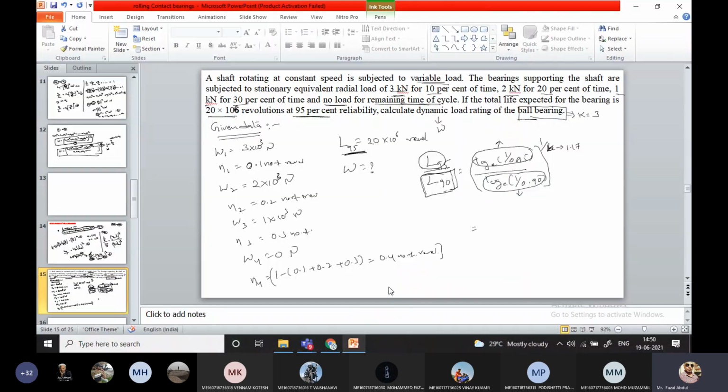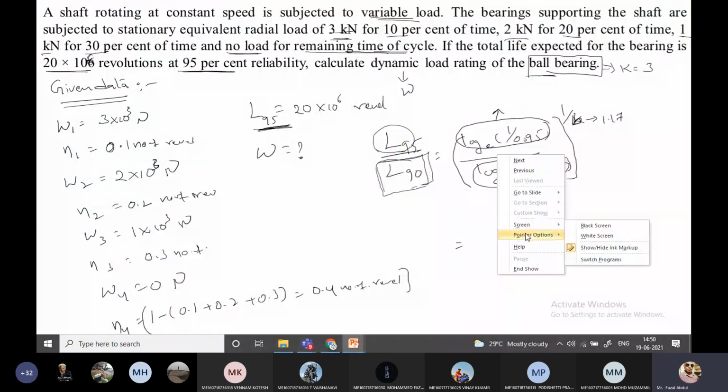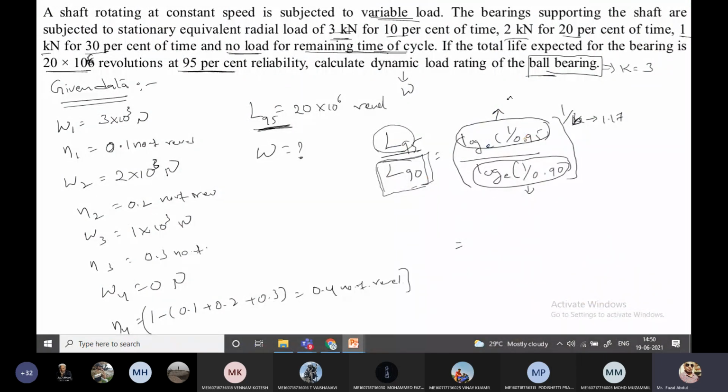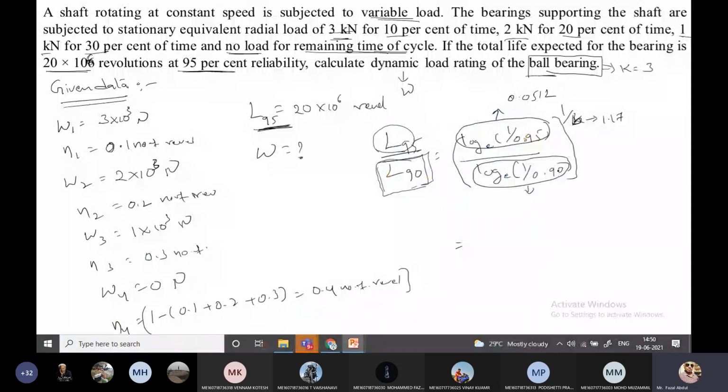So how much is this value? 0.0512. Very good. Now what is this value for the 90? I am asking log e of 1 by 0.90.